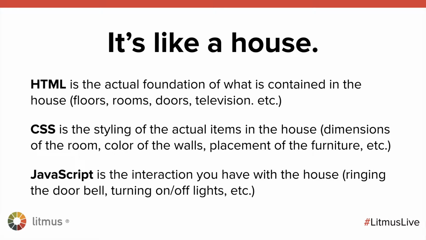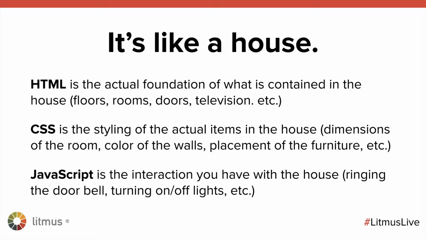And the analogy I like to use when explaining this is it's like a house. HTML is the actual foundation of what's contained in a house. So you can determine the number of floors, rooms, doors, if you have a television, whatever the objects or the content, you can define that in the HTML. And the CSS is the styling of those actual items. It's really the interior design.